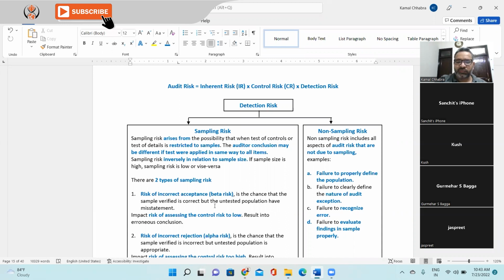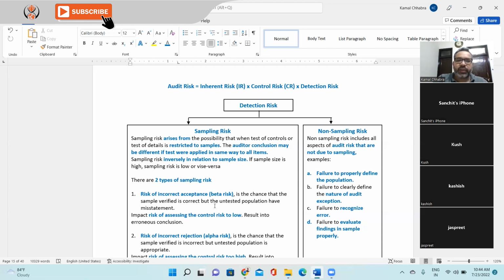Sir, the management control would not be able to detect or prevent the material misstatement in a timely manner. Yeah, prevent, detect and correct the material misstatement in a timely manner, right? And detection risk is basically those risks that our auditor will not be able to detect. Like when we are doing the audit, we might miss a transaction or anything, and we are not able to detect that risk, right?